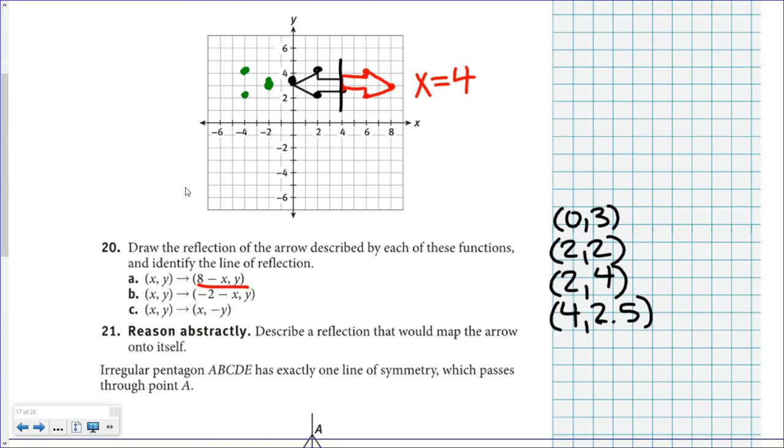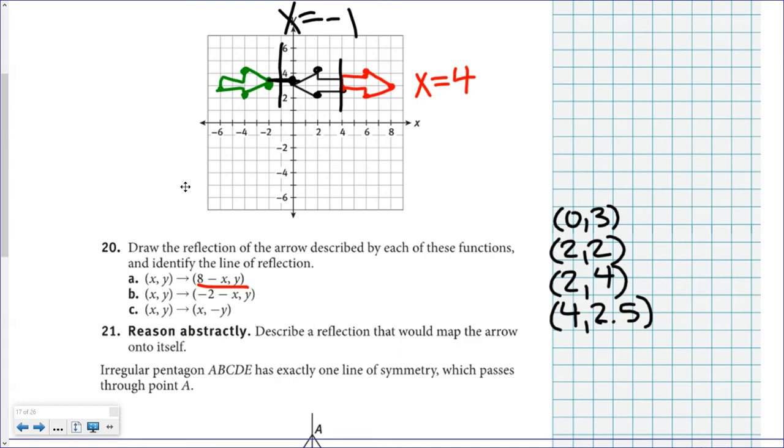And if you plug in the point 4, 2.5, you end up with negative 6, 2.5. And so here is your arrow. And so the reflection line has to be halfway between these two. So it's going to be right there, which is going to be x equals negative 1, because that's halfway between your 2 arrows.